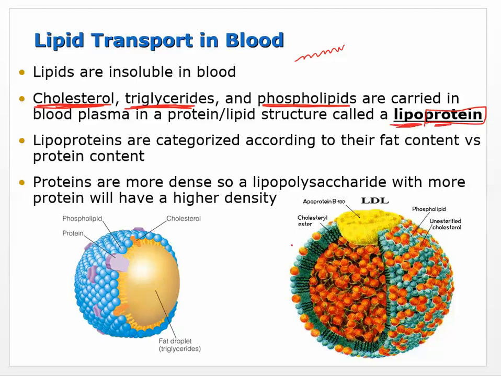So if we look at this guy, here's a lipoprotein. Okay, so these are both lipoproteins, and they're kind of surrounded by these phospholipids. Now remember, phospholipids have a hydrophobic tail, the inside, and then a hydrophilic head. So the head likes water. So it's almost like a little cell all by itself, except it's not a bilayer or anything like that, and it's just filled with fat.